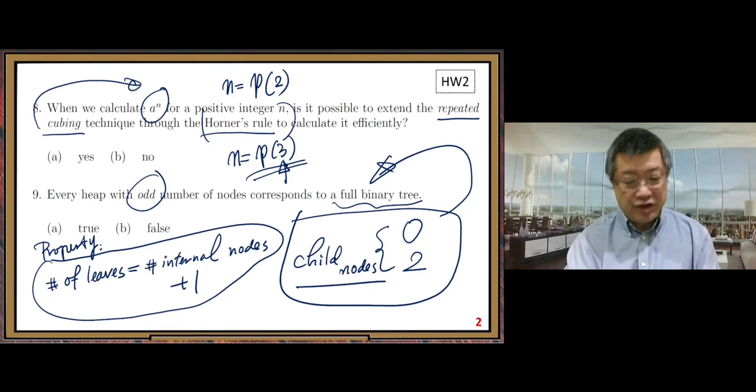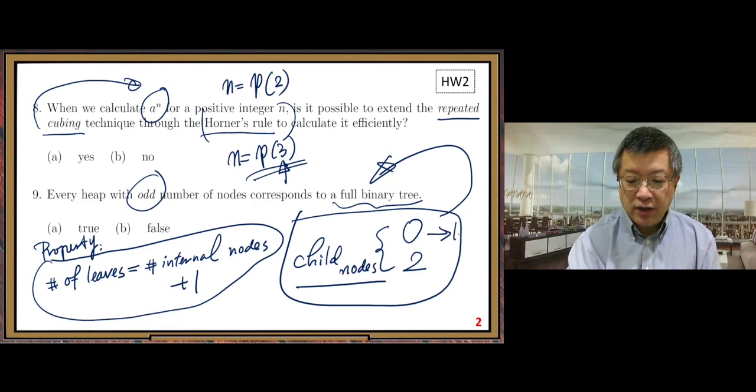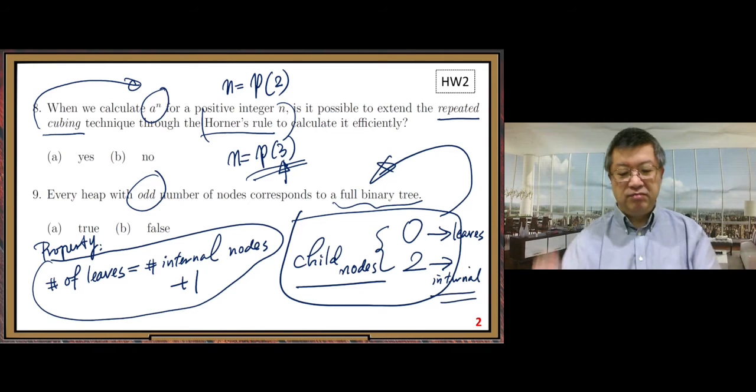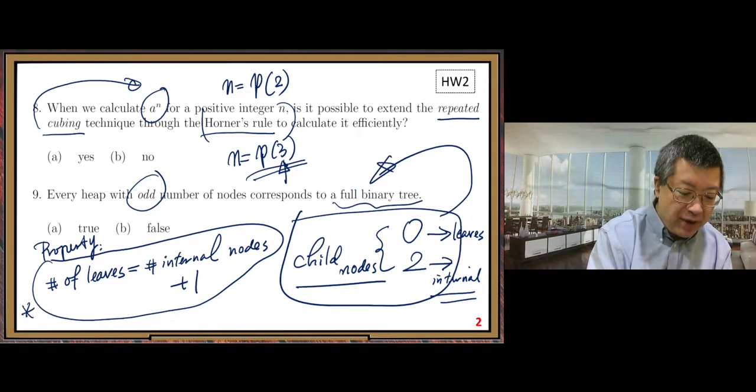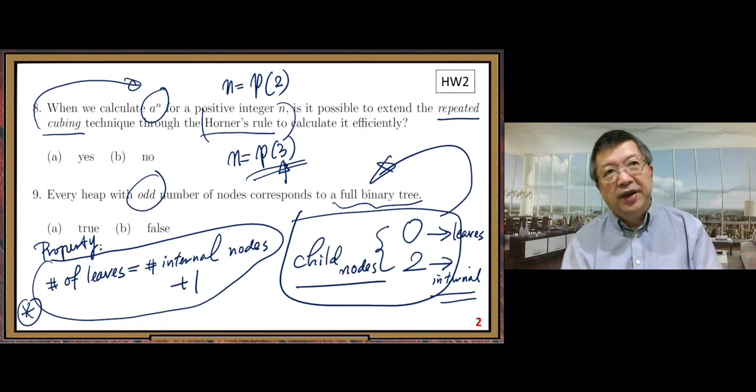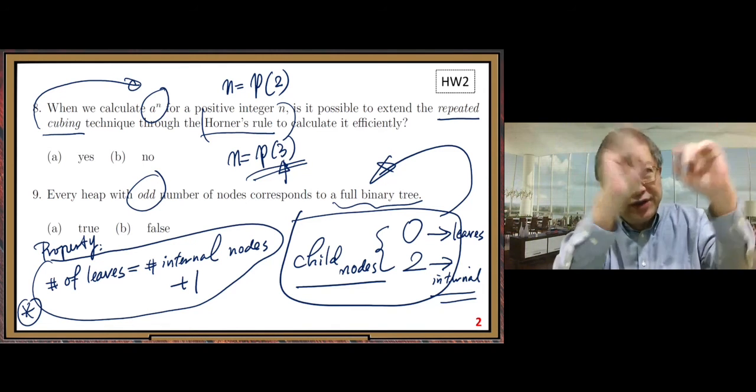Number of leaves corresponds to this case, that's the leaves case. This is the internal nodes case. Then with this property, you can answer this question.